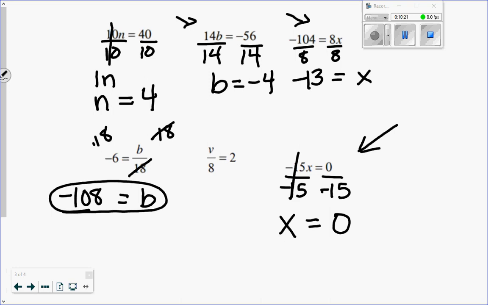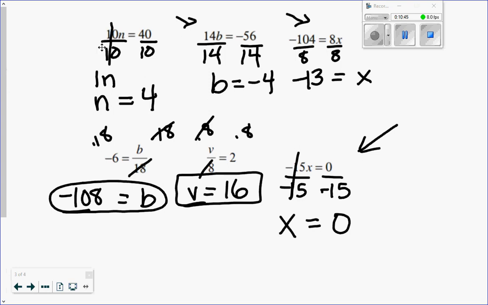Over here, the variable is being divided by 8. So the opposite of dividing is multiplying. So we'll have b equals 8 times 2, which is 16. And so that's pretty much our one-step equations summarized on that one page.